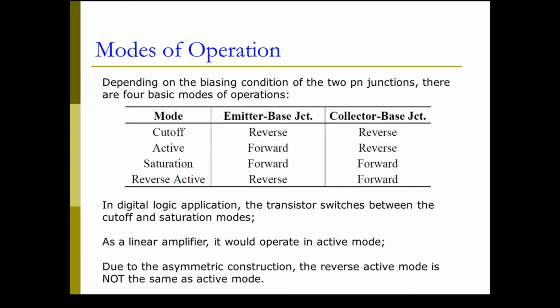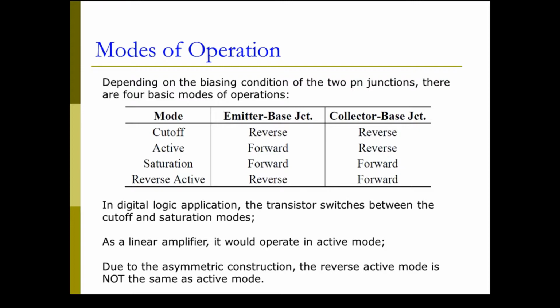There are a couple of modes of operation for the BJT transistors. It depends on the biasing condition of these 2 PN junctions, the EBJ and also the CBJ. There are 4 basic modes of operation here. The first one we call cutoff mode.